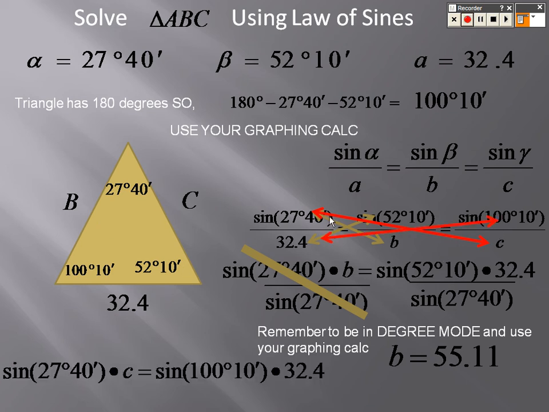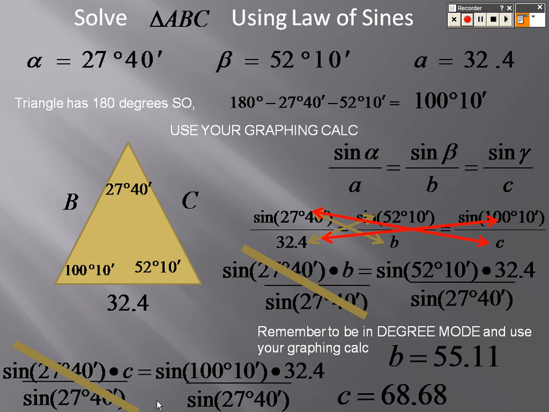So sine of 27 degrees 40 minutes times C equals sine of 100 degrees 10 minutes times 32.4. Divide both sides by sine of 27 degrees 40 minutes to get C by itself, and you get 68.68 as well.